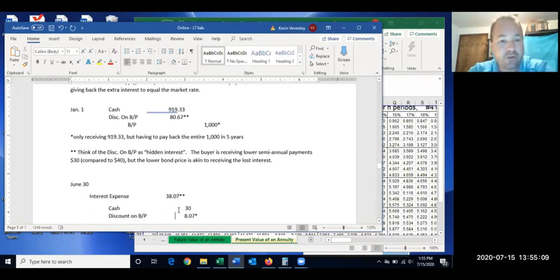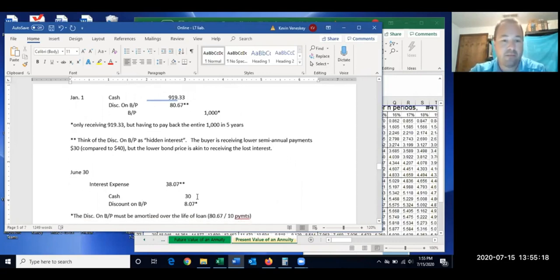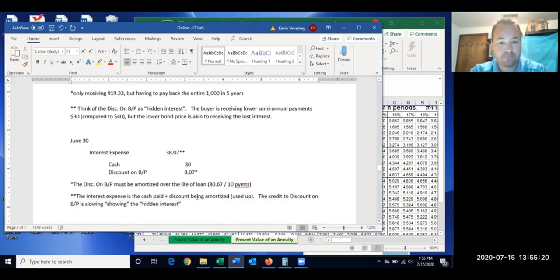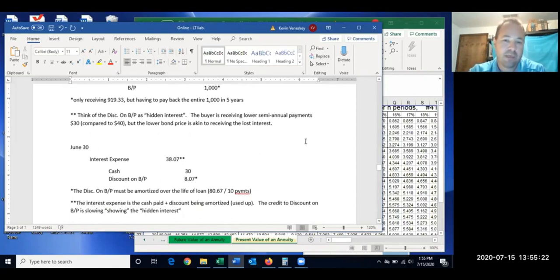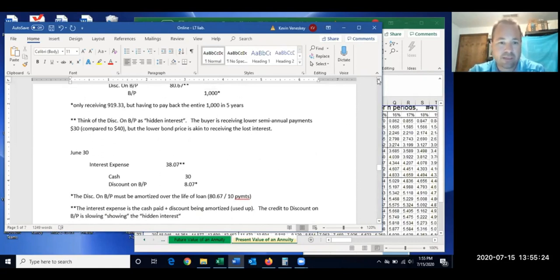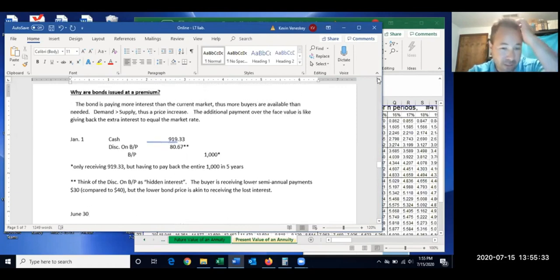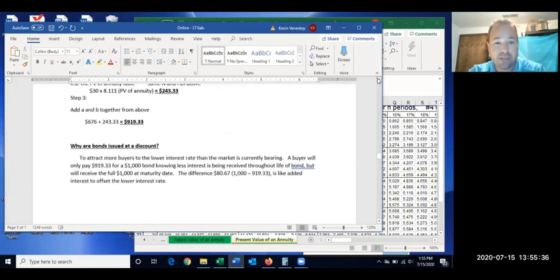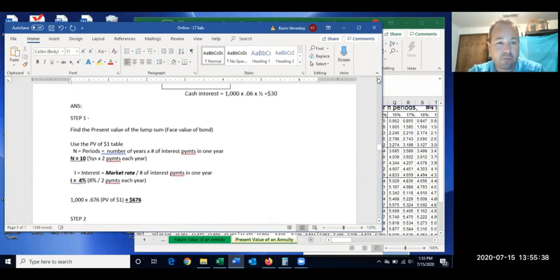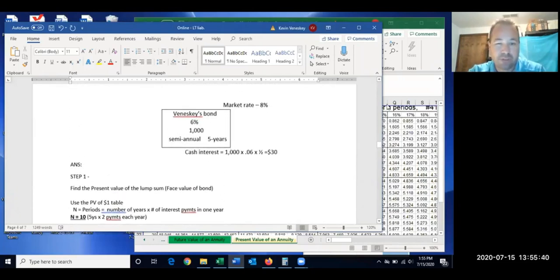All right, so let's look at how the journal entry is. The interest expense, we always want to calculate this on the market rate. And we could have done this. The best way is to get these two amounts first and then plug in the interest, but we wouldn't have had to. It's going to be close. If we go back up here and look at my bond, it's an 8% rate.